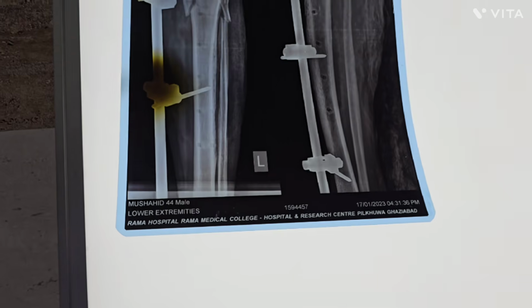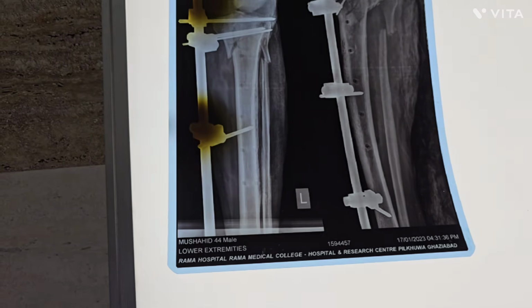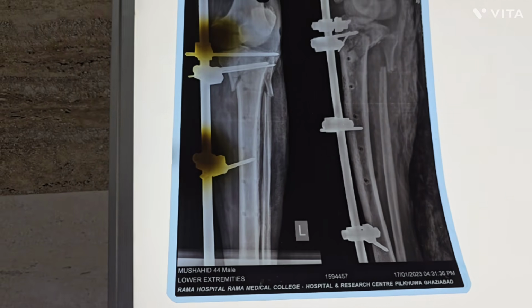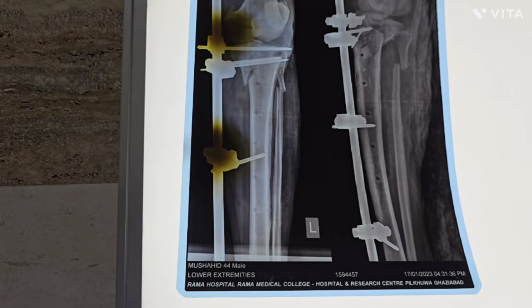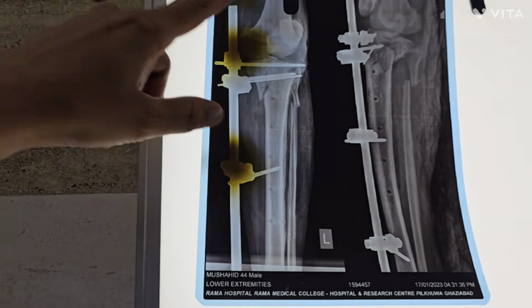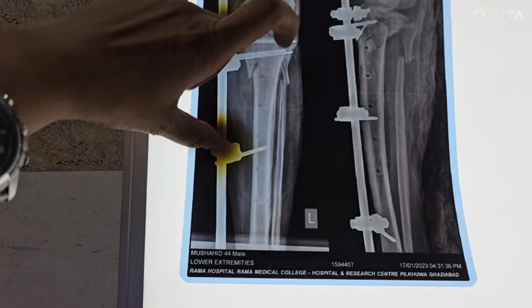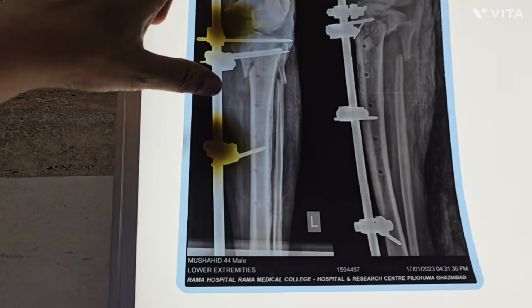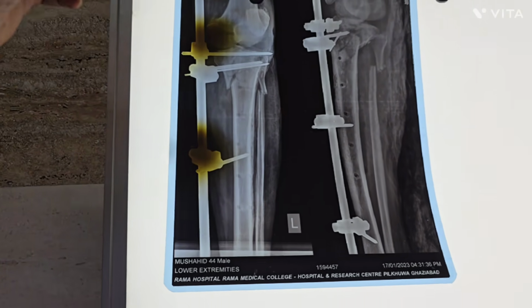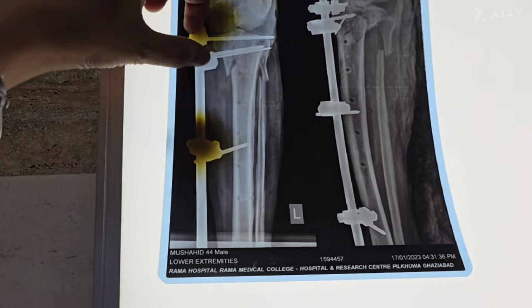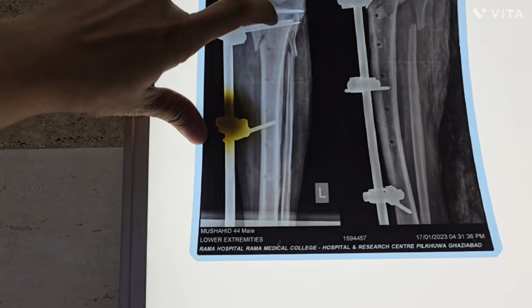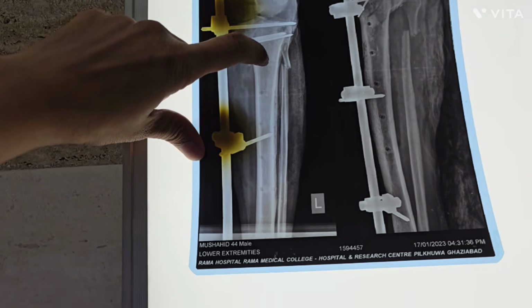So this is for an open wound. If the patient has an open or compound wound, in that case you cannot apply a nail or plate, so you apply the external fixator so that the wound heals over a period of time. After the wound is healed, you can remove this external fixator, and then secondary management will be done.